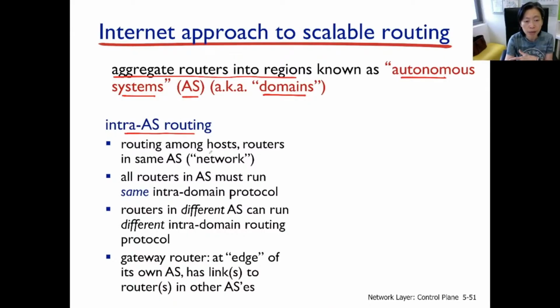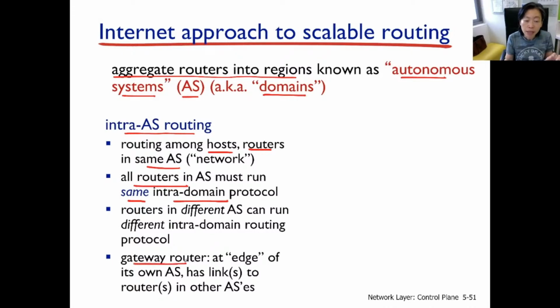It is the routing protocol running among all the hosts and routers in the same AS. All routers in the same AS need to run the same intra-AS protocol. Routers belonging to different ASs can run different intra-AS protocols. That is an independent, autonomous choice of the network admins individually.